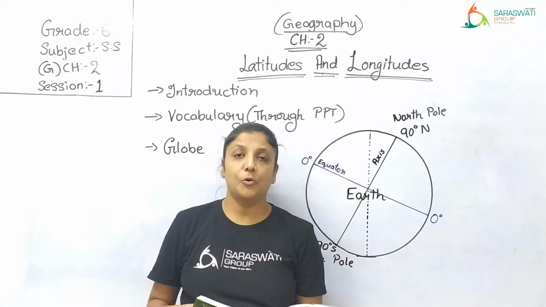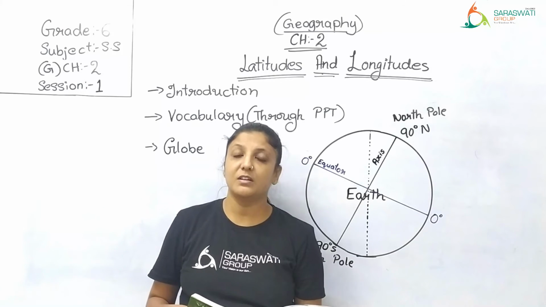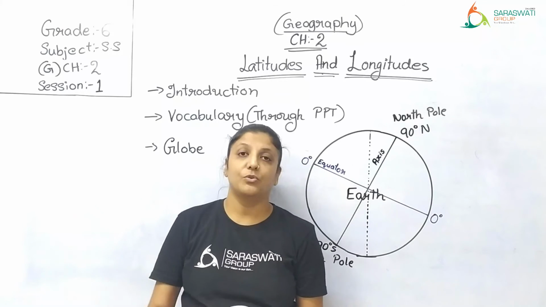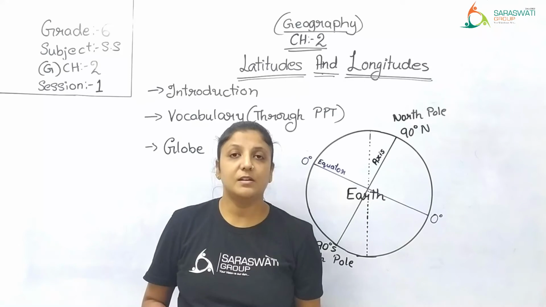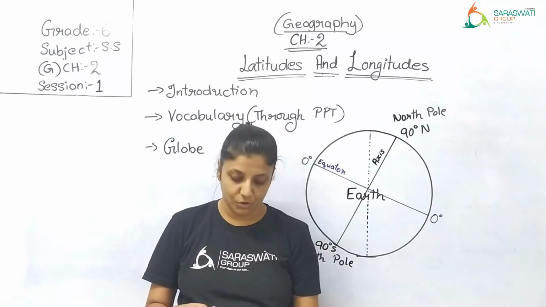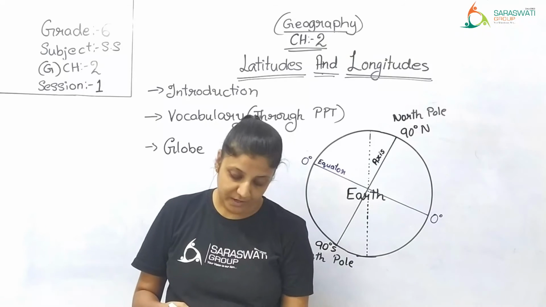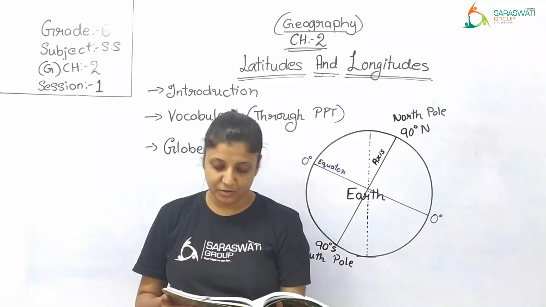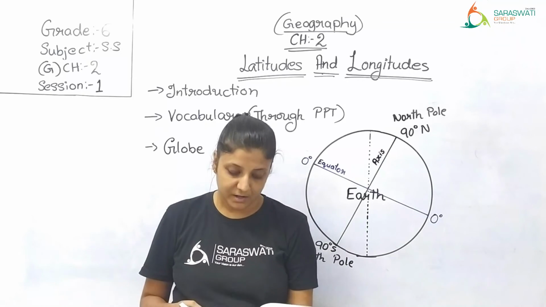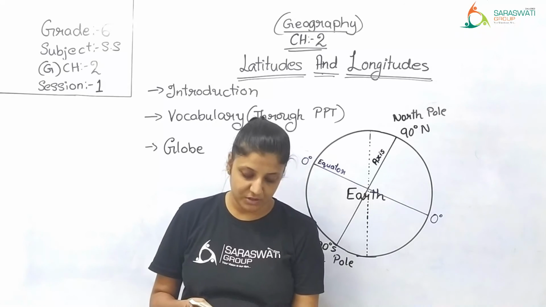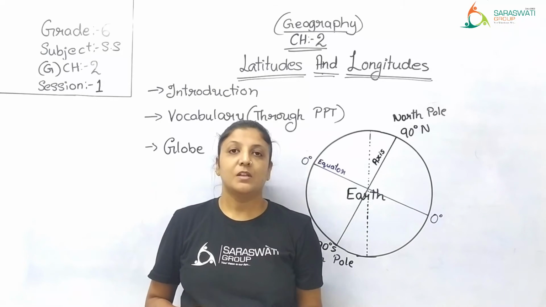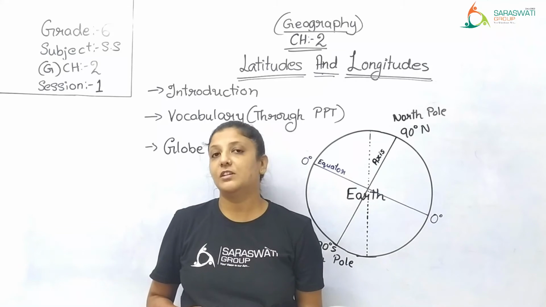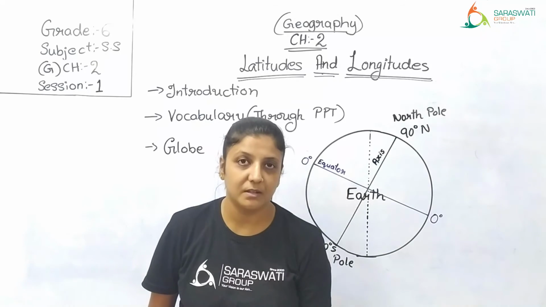Which place is how big, which place is located near which ocean or sea, everything is clearly shown on the globe. It is difficult to locate a place on a globe and correspondingly on the earth because the shape does not have any sides or corners. Here, sides and corners are not there since it is spherical.